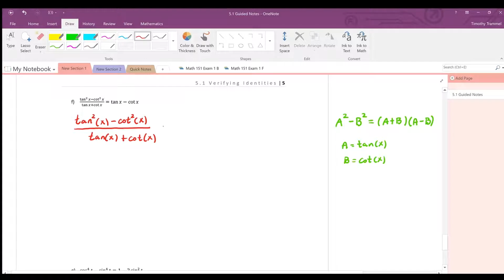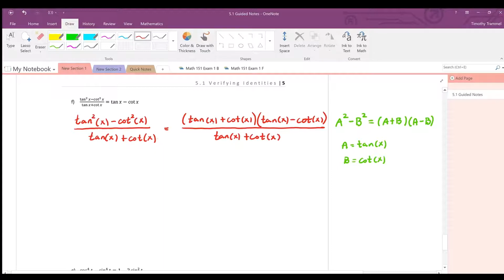Right, and so using that formula here, we get tangent of x plus cotangent of x times tangent of x minus cotangent of x, and then all over tangent of x plus cotangent of x.